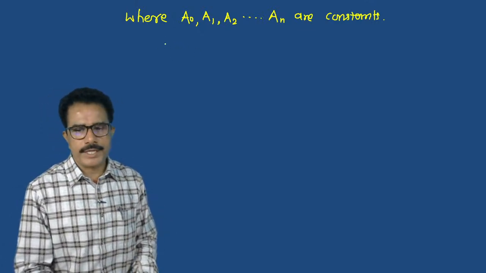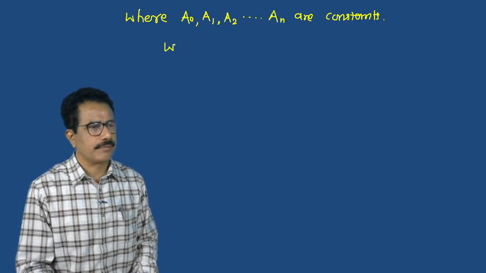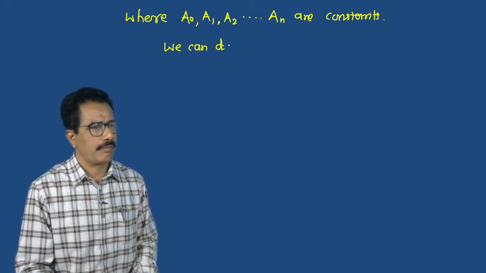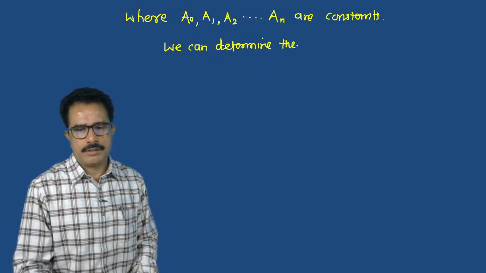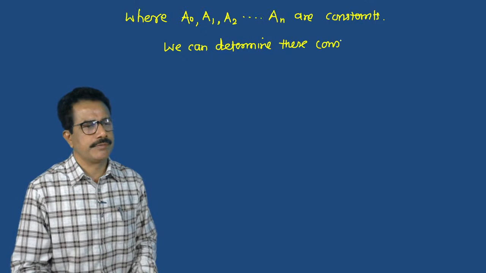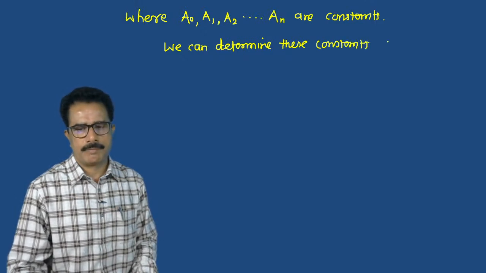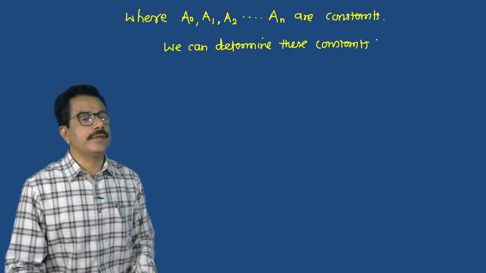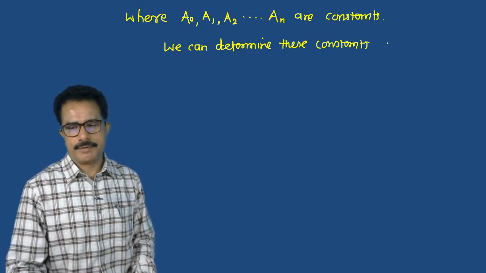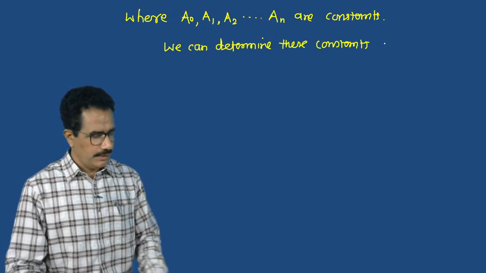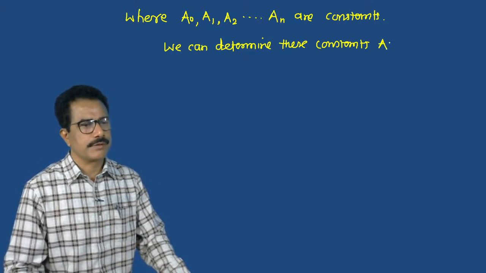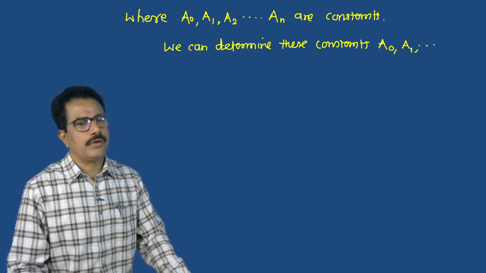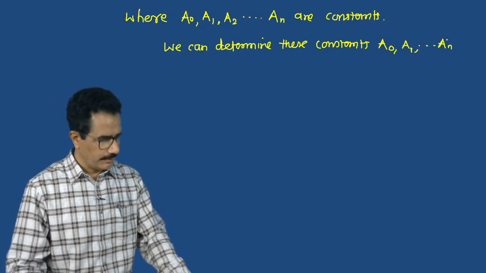Now we can determine these constants. Which constants? a0, a1, a2, dot dot an.